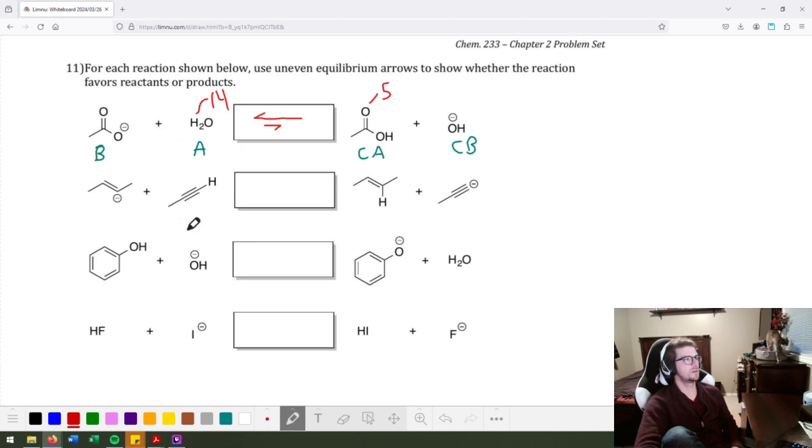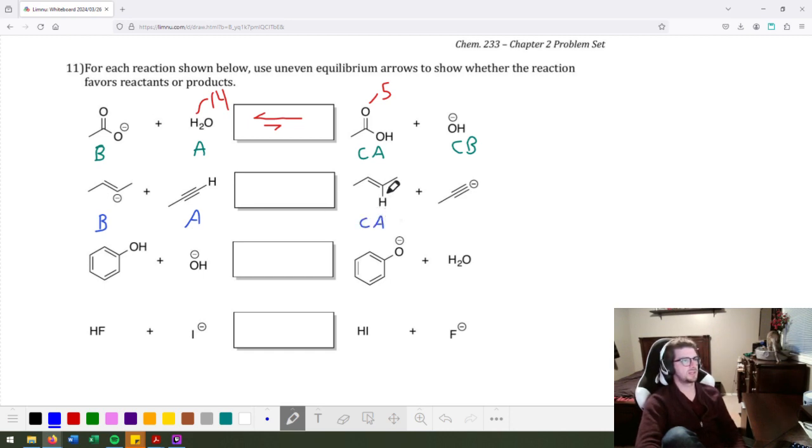Okay. So again, we've got the base in that horrifyingly bad carbanion there. The alkyne is going to be the acid.